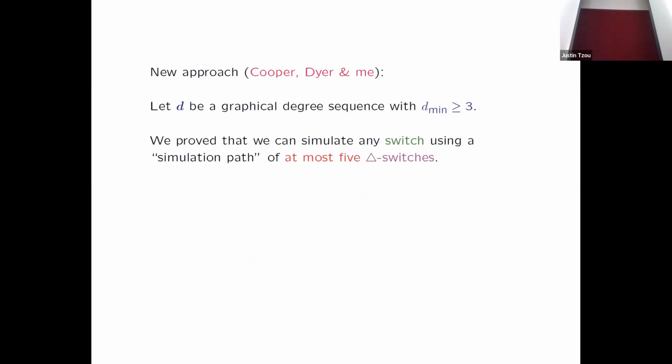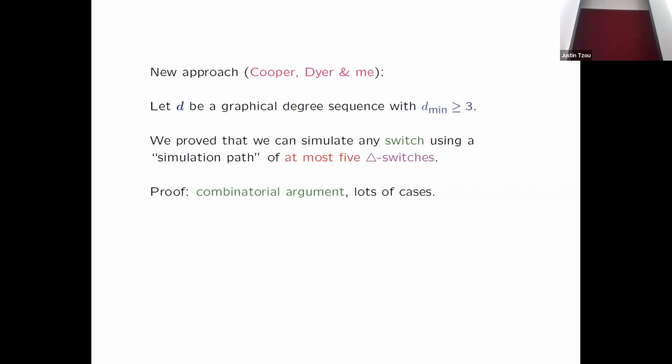That meant we got to do another paper on this, and we've restricted ourselves to degree sequences with every degree being at least 3. We proved that you can simulate every switch using a short sequence of triangle switches, at most 5. The proof involved a combinatorial argument. I'm going to show you how one of the cases works in a second.